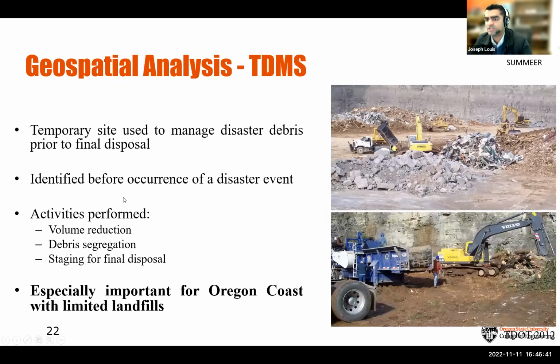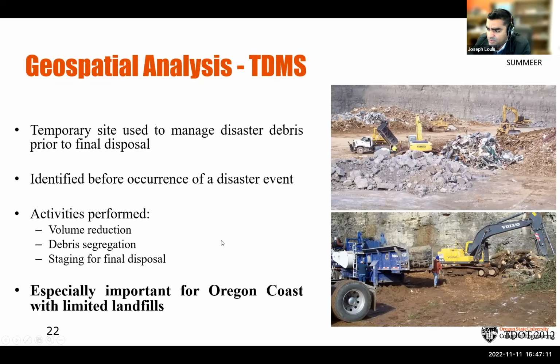The next step was to do some geospatial analysis to identify suitable temporary debris management sites. So this is very important for us, our local situation, because when you think about these coastal communities, they are really cut off from the inland communities where you have all the landfills, right? So it's important for them to have these temporary debris management sites where they can process and reduce the debris before it's shipped off either to landfills or for use in recycling applications and so on.